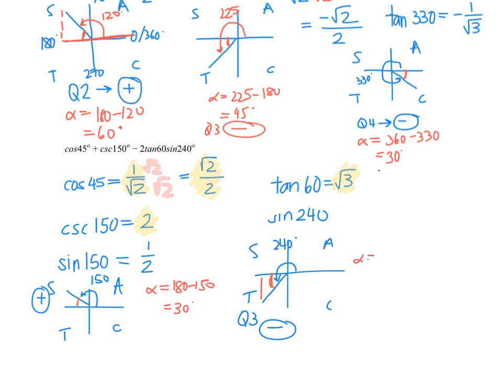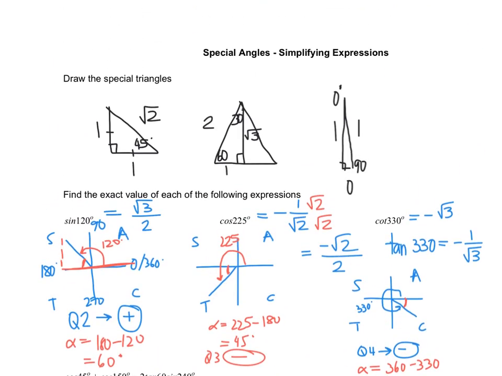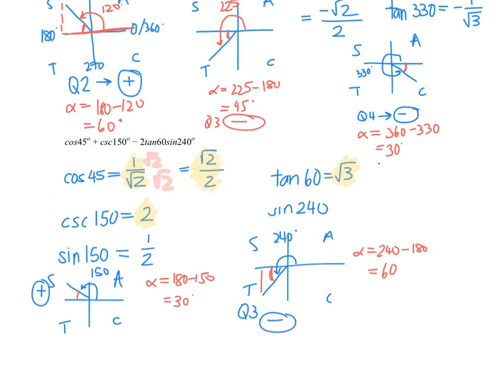So to find alpha, I'm going to do 240 minus 180, which is 60. So I want to figure out sine of 60, and it will be the negative version. So I'm going to go up to my 60 triangle. Sine is opposite root 3 over hypotenuse, which is 2. So negative root 3 over 2, because it is in quadrant 3.